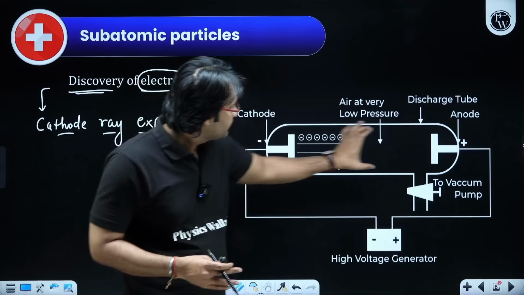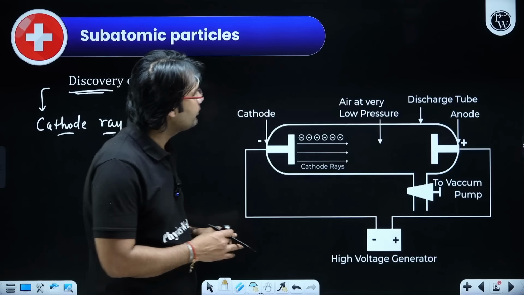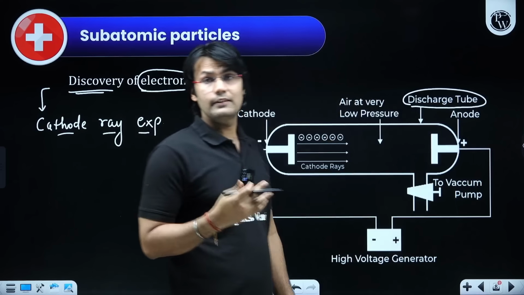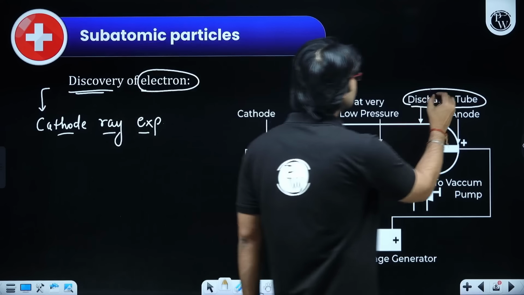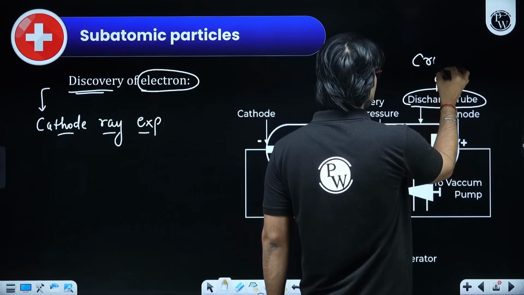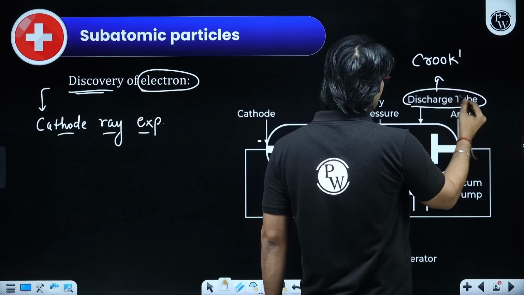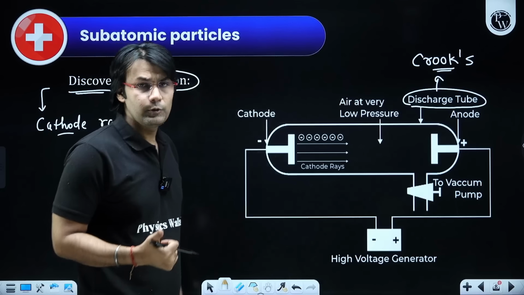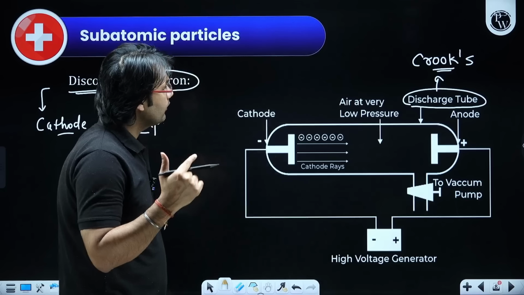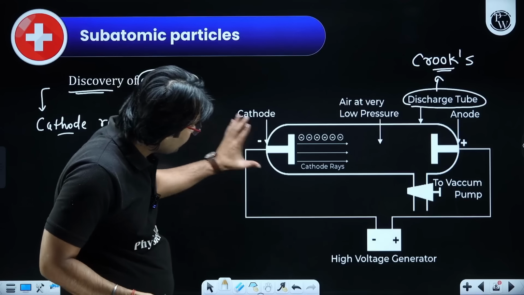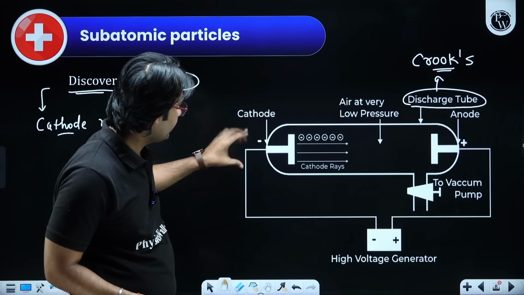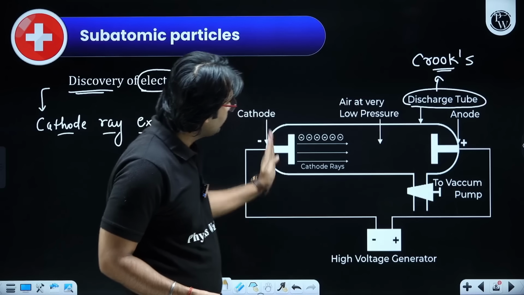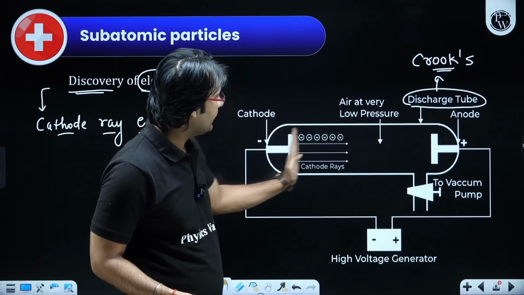He took a glass tube, and that glass tube you also call it as a discharge tube. Sometimes the same discharge tube is also called as Crookes tube, because Crookes was the scientist who designed this glass tube. So you can call it cathode ray tube, discharge tube, or Crookes tube. Now, in this tube we have fitted two electrodes, or you can say two metal plates, one left side, one right side.